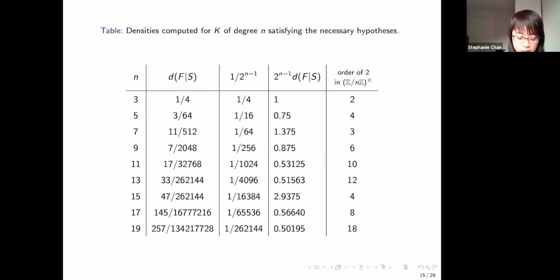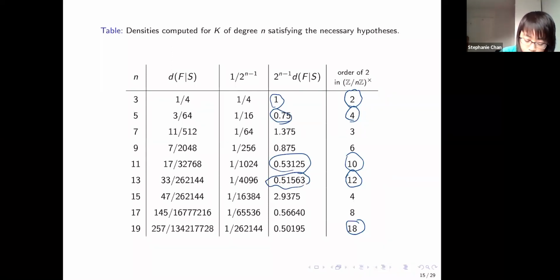Okay, just to give you some indicator of what appears in the formula, if we compare with the order of 2 in the multiplicative group Z mod nZ, and focus on cases where this order is n minus 1, so for example n minus 1 for 3, n minus 1 for 4, and for 11, for 13, and for 19, you see that this gives you a sequence of ratios that converges to a half almost.